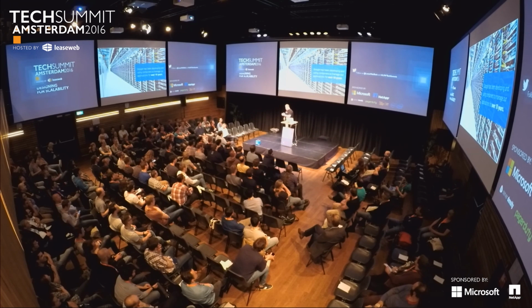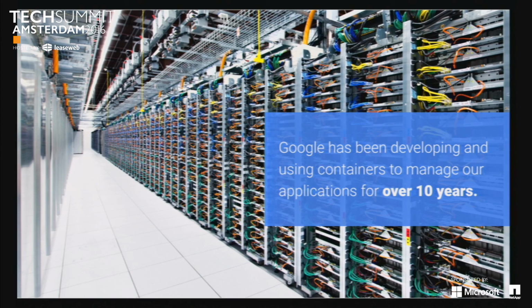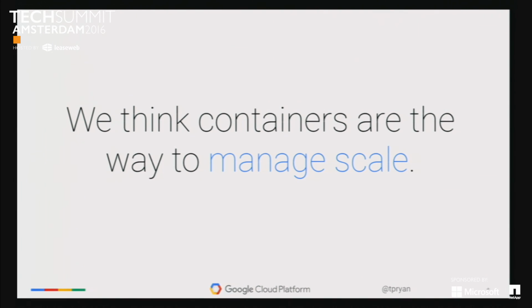We at Google have been developing and using containers to manage our applications for about 10 years. We have a few stats on this, but long story short, we launch about 2 billion containers a week in some way, shape, or form. So if you're using Gmail, you're using search, you're using everything, you're running on containers already.